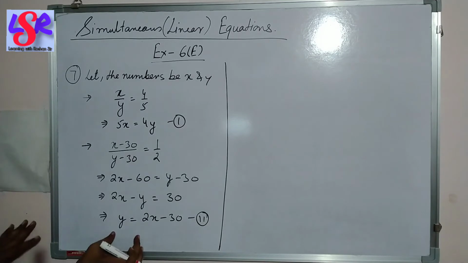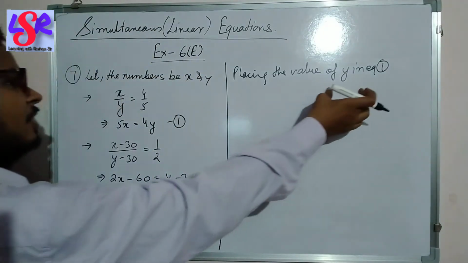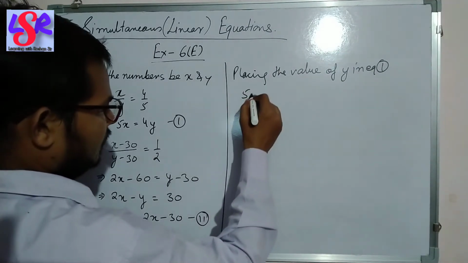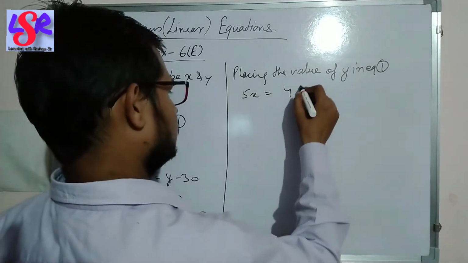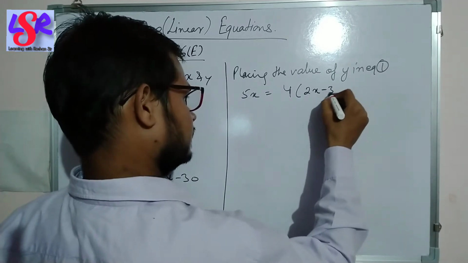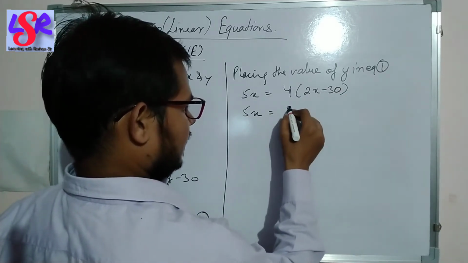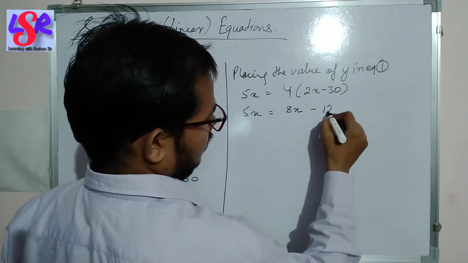Now place this value of y in equation number 1, and we get 5x equals 4 into 2x minus 30. Now solve it. So 5x equals 8x minus 120.